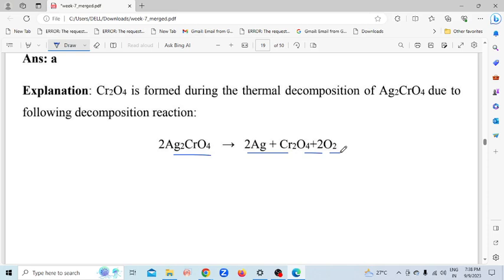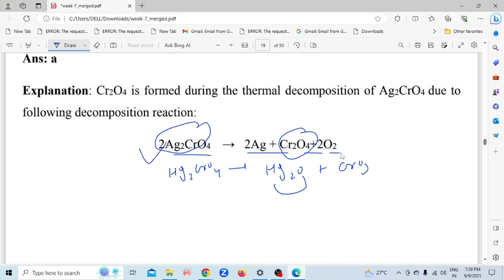But what will happen in Hg2CrO4, we have already discussed. It will make mercuric oxide plus CrO3, which will vaporize, as we have already discussed. So this will only give Cr2O3 from Ag2CrO4. So A is the right option for this question.